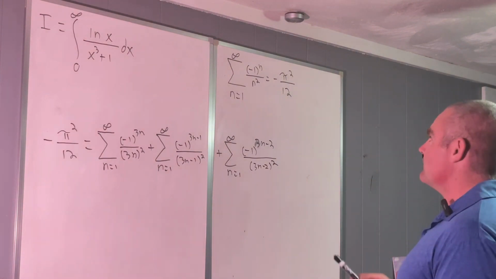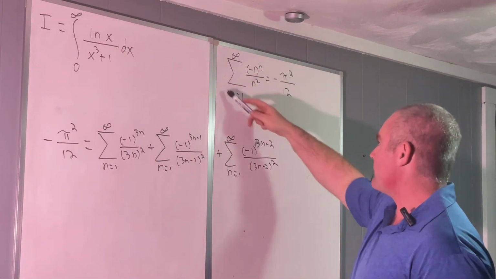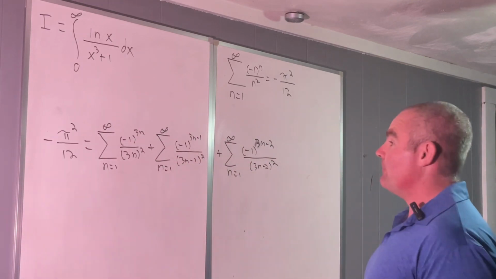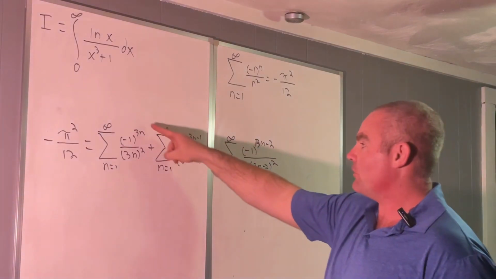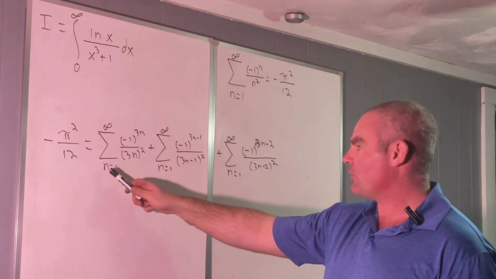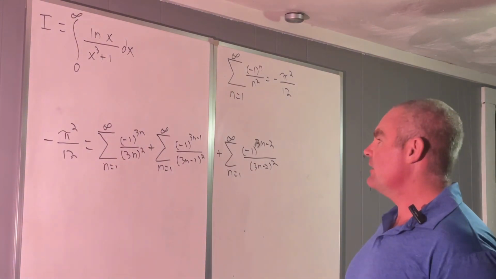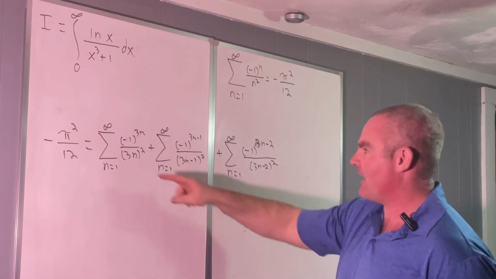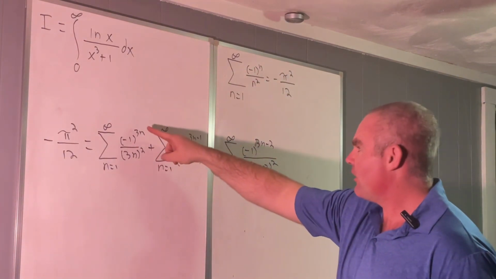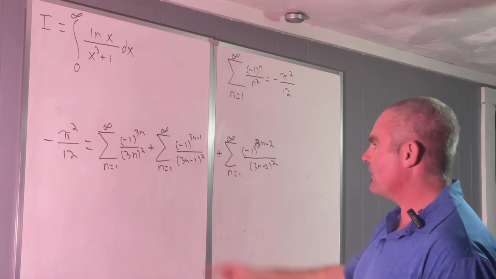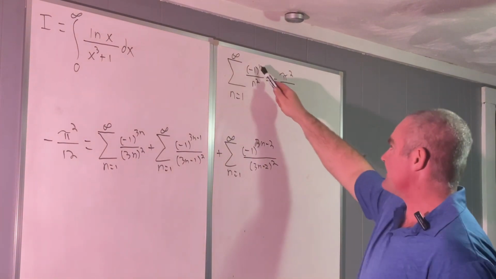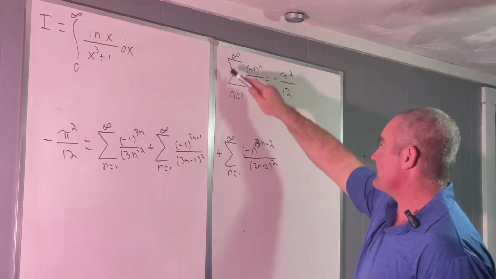And really quick, I'll just briefly explain why this is equal to this. In this sum, if we plugged in n equals 1, we would get the third term of this, because we would have negative 1 to the third power over 9 squared, which is exactly the third term in this series.